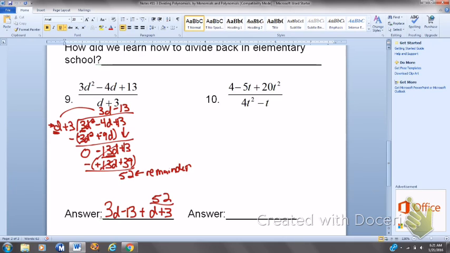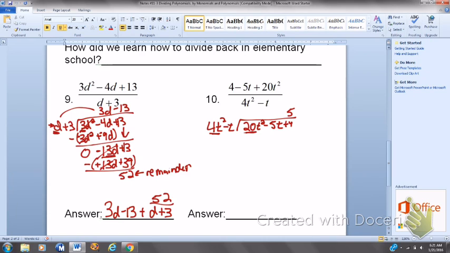Let's look at number 10. So now I have, it says 4 minus 5t plus 20t squared, but I'm going to rewrite that in order. So I'm going to divide 20t squared minus 5t plus 4, and I'm going to divide that by 4t squared minus t. Now I need to think, what times 4t squared would give me 20t squared? Well, 4 times 5 would give me 20, and the t squared's already there.